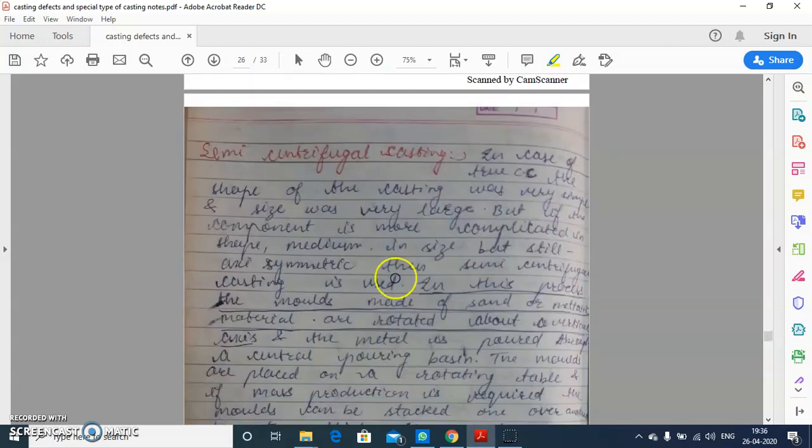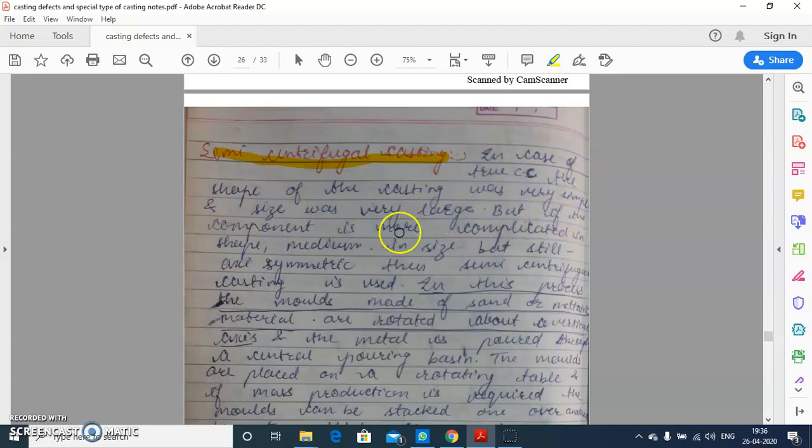Now the semi-centrifugal casting. Why is semi-centrifugal casting needed? In true centrifugal casting, we cannot make a product of complex shape. In true centrifugal casting, the shape of the casting is very simple and the size is very large.